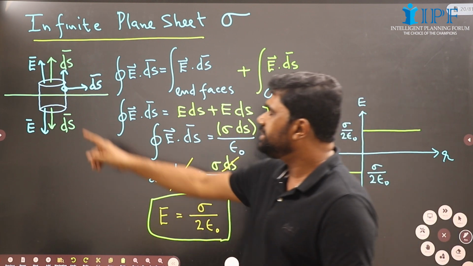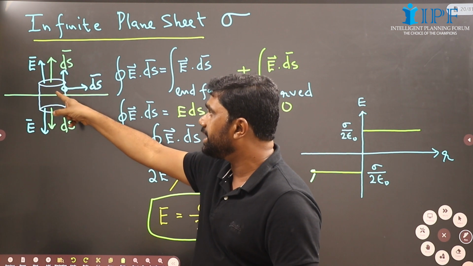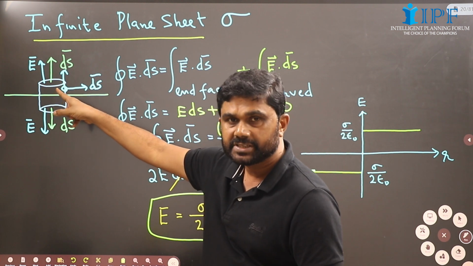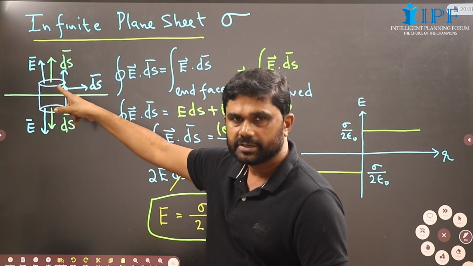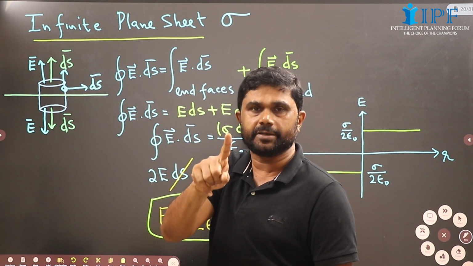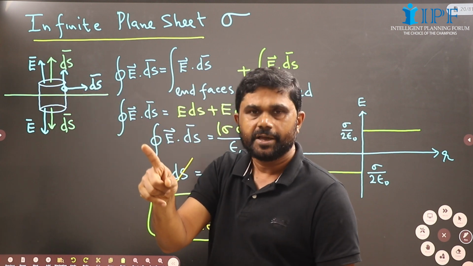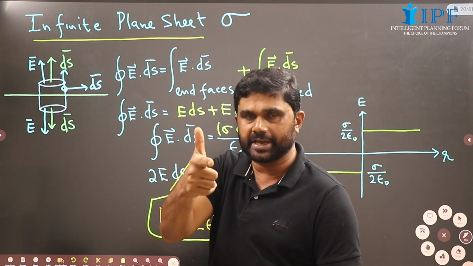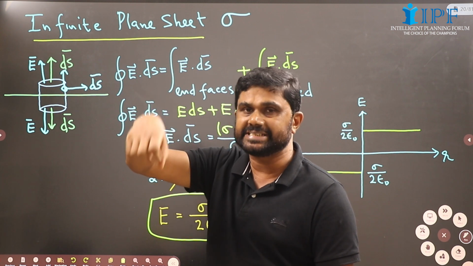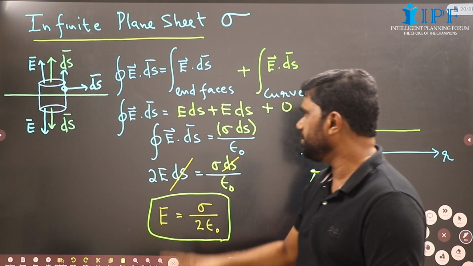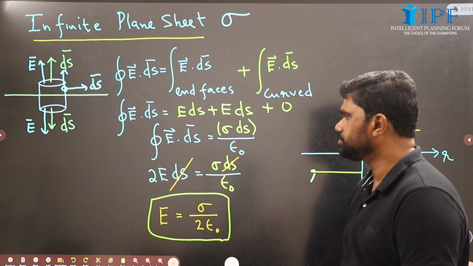If dS is the area enclosed by this cylindrical Gaussian surface, then the charge enclosed will be sigma dS, because sigma is the charge per unit area and the area enclosed is dS. So the charge enclosed divided by epsilon 0 is sigma dS over epsilon 0.